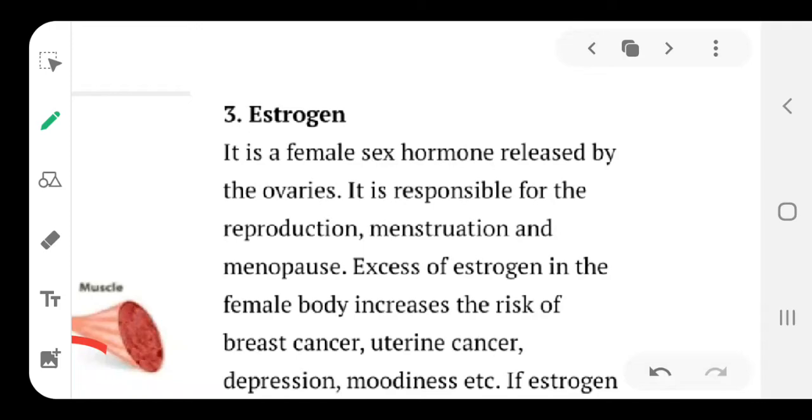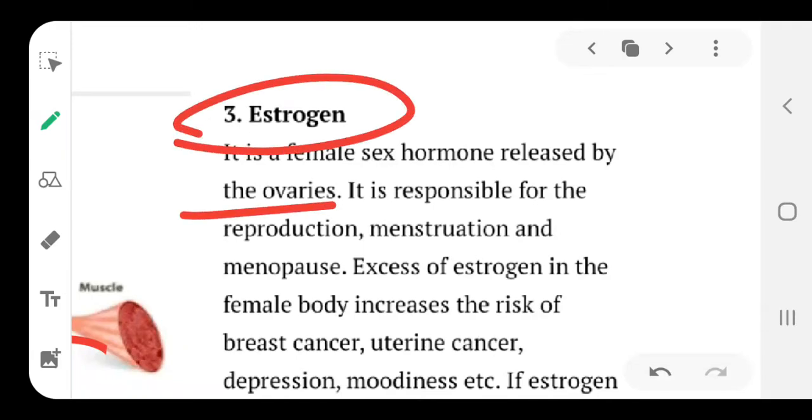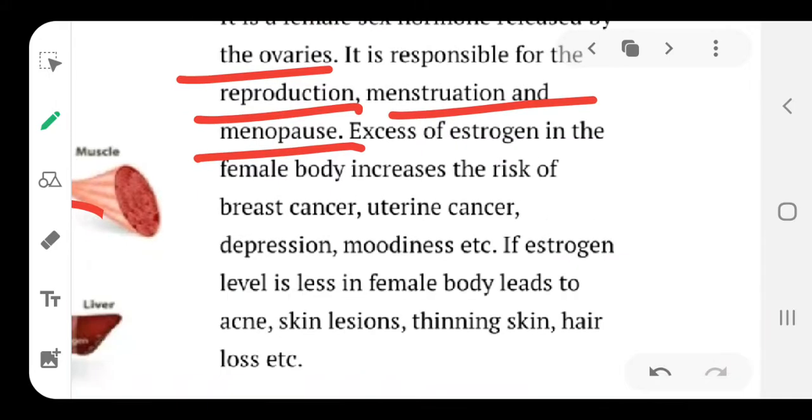Then the one called estrogen, we have just read it. They are released by the ovaries, they are responsible for reproduction, underline two terms, menstruation and menopause. We will read these two words again in the next chapters. Then underline this term: sometimes they are released in less, sometimes in more quantity.